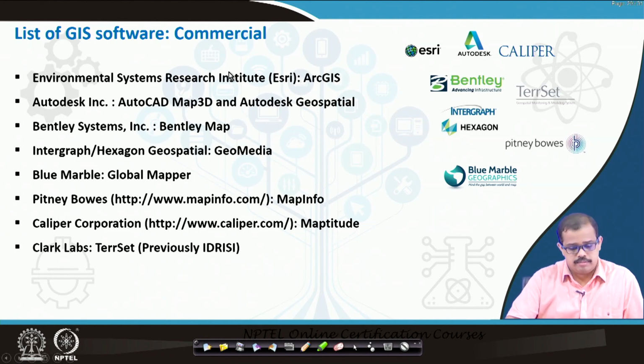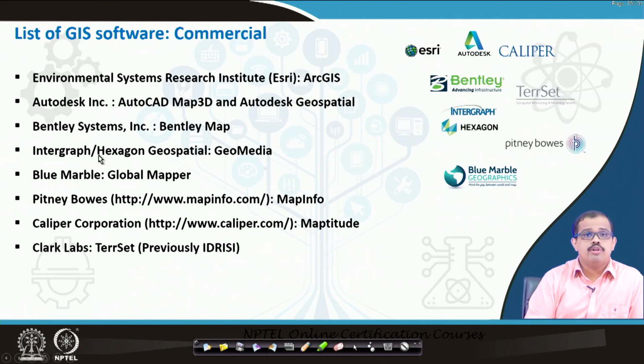This software can be used. Then you have AutoCAD Map 3D and Autodesk Geospatial, which has become a very promising software in terms of deriving geographic information. Then you have Bentley Map, which can give you map based inputs in terms of how geospatial data is used for maps in decision making. Then you have Intergraph, now Hexagon Geospatial, which has GeoMedia.